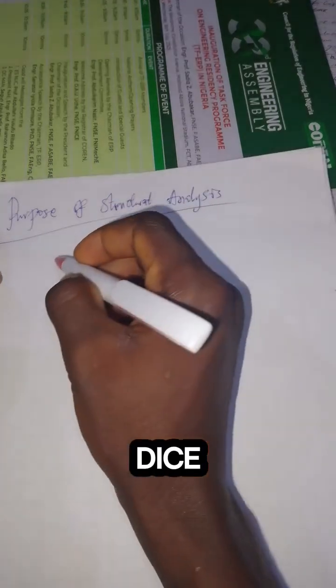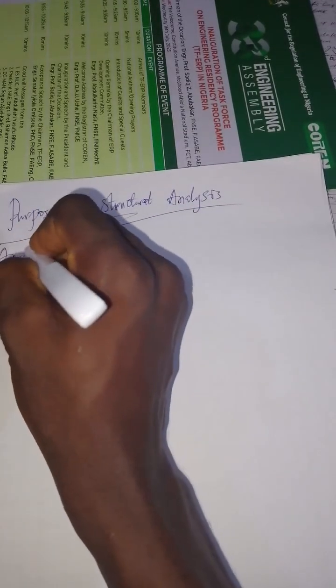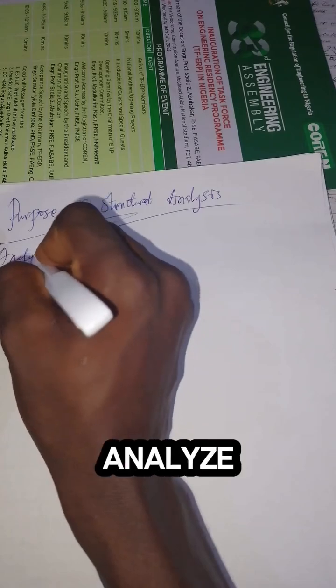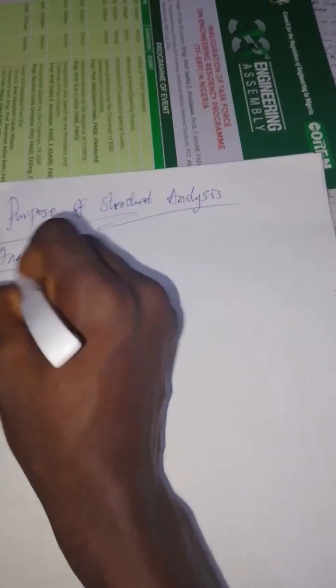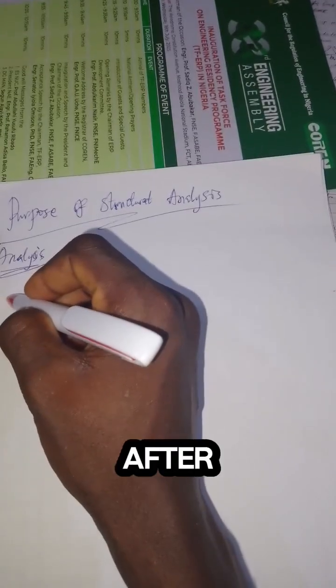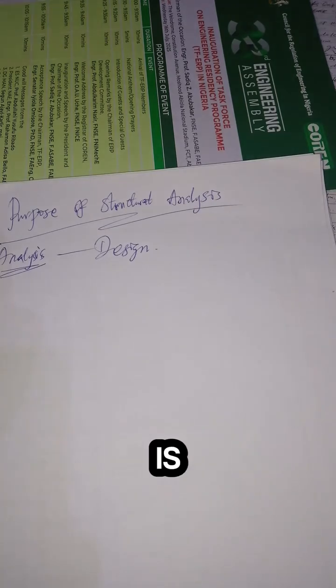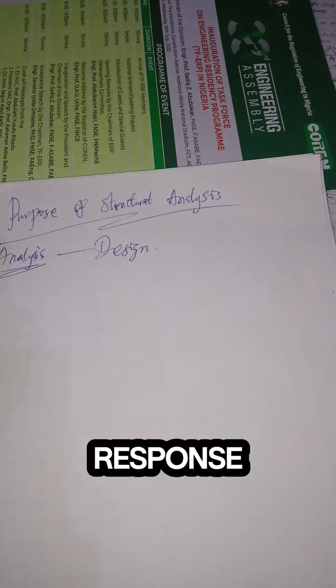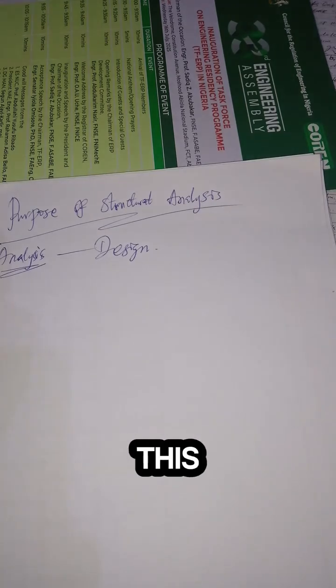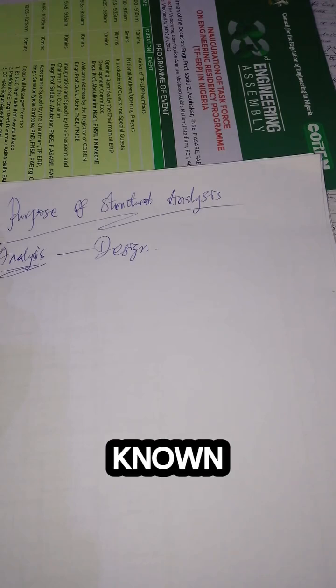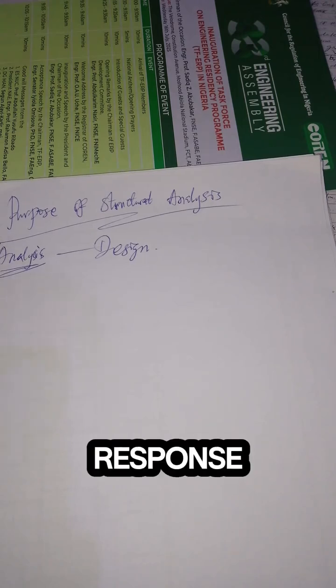That is analysis. You have to analyze some stuff. Then after that, you go into design. Design is done to check the response of the structure to this analysis in line with the known forces.